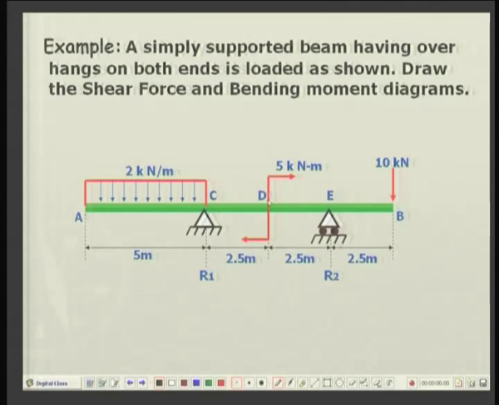Or you can also proceed from the end B. Again, due to a single concentrated load, you will find that the shear force will be a constant function and the bending moment will be a linear function. So, if you remember these simple results, you can do the bending moment and shear force diagram analysis very quickly. Let us do it.